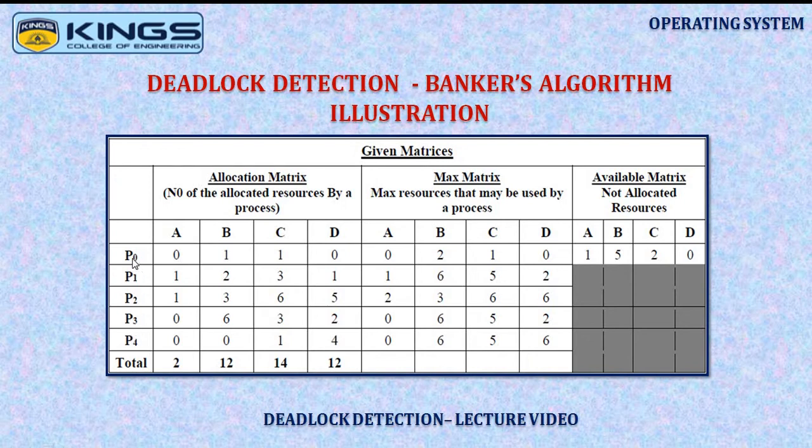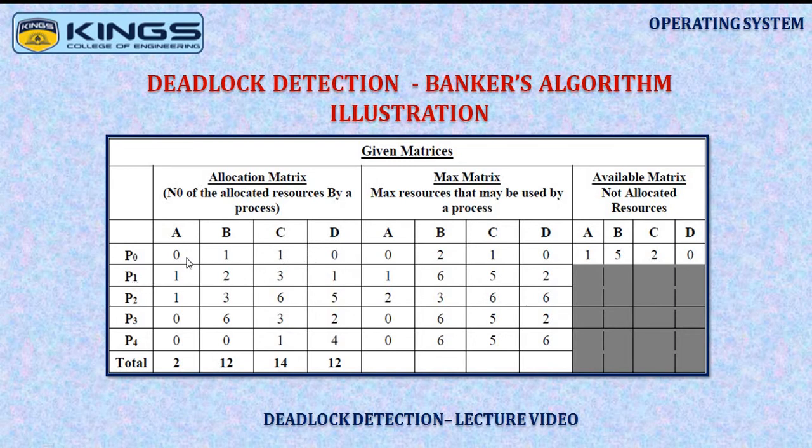As seen here, process 0 has not gained any resource A. So A resource is not allotted to process 0 and hence the entry is given as 0. Moving on to resource B, 1 instance of B is given to process 0. Similarly, 1 instance of C resource is given to process 0, and D resource is not allotted to process 0.